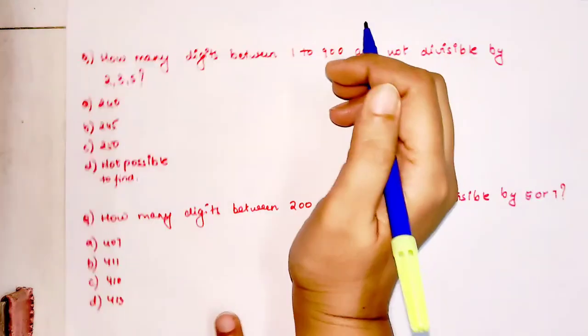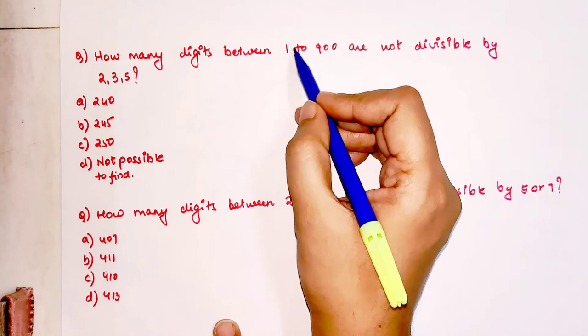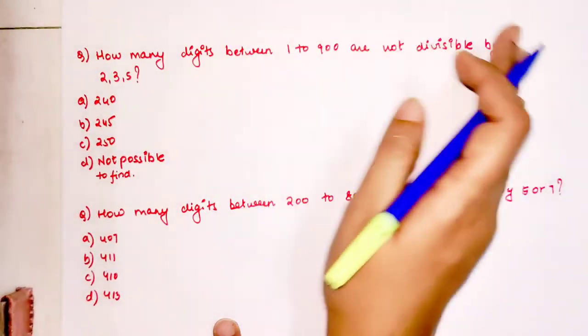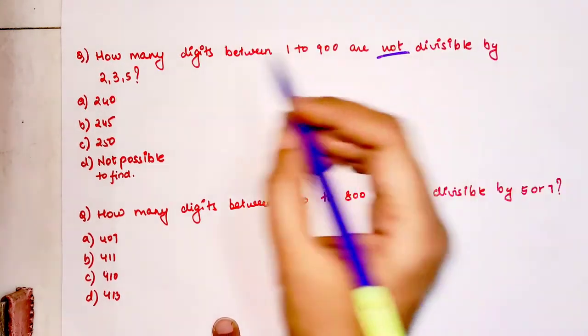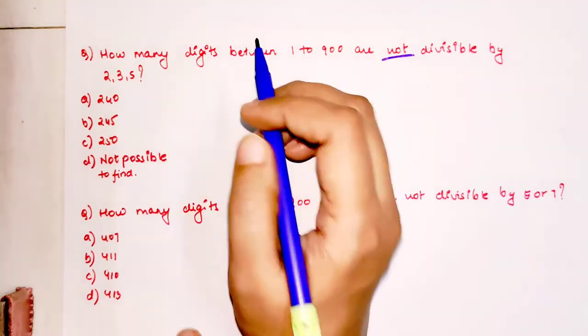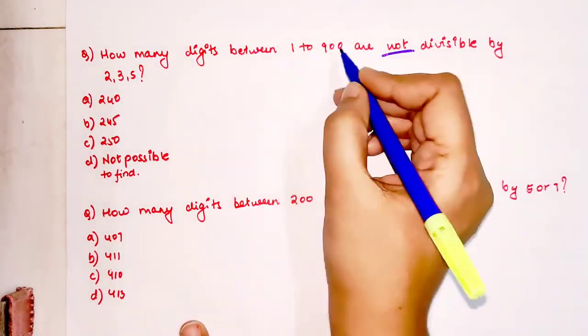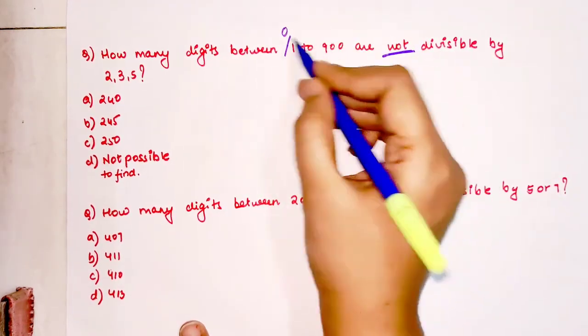Okay now students, how many digits between 1 to 900, or 0 to 900, or up to 900, are not divisible by 2, 3, 5? It's the same logic that will work. This is very important. So here in this case, like I said, 1 or 0 is the same thing, so we'll take the difference.